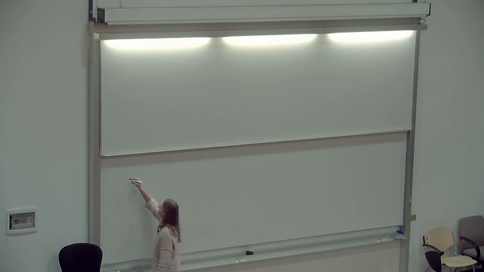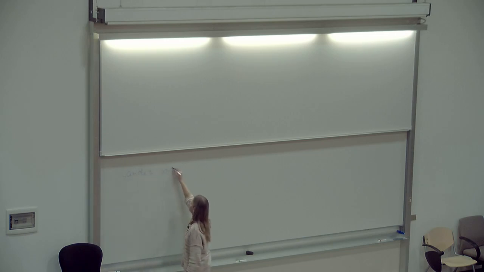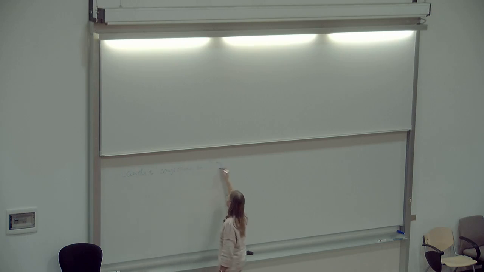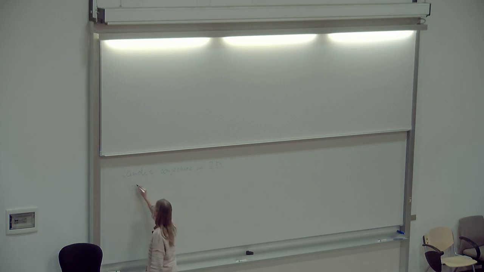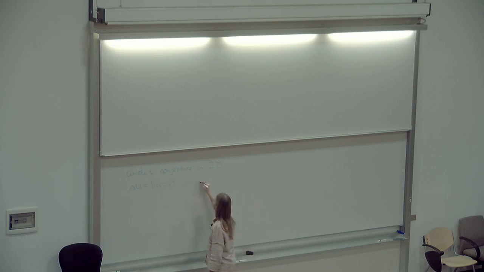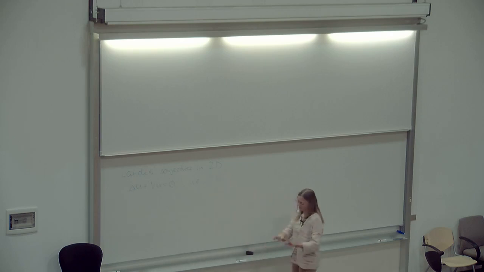So as was announced yesterday, I will give you some ideas of the proof of Landis conjecture in dimension 2. We suppose that we have a function on the whole complex plane that solves this equation.